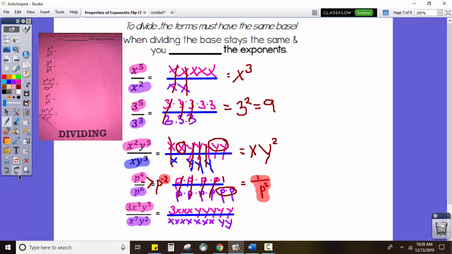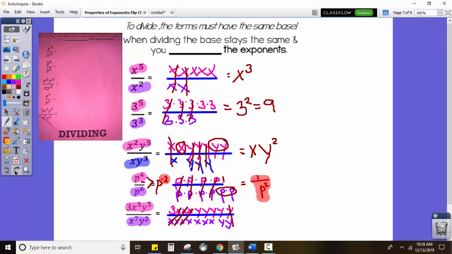Now let's look at what we can cancel out here. So first of all, I have a coefficient of 3, and there's nothing to divide 3 by in the numerator. It's 1, 3 divided by 1 is 3. So I would be left with a 3. Okay, now when I look at my x's, I have 1, 2, 3 that will cancel, and then I have 4 left in the denominator.